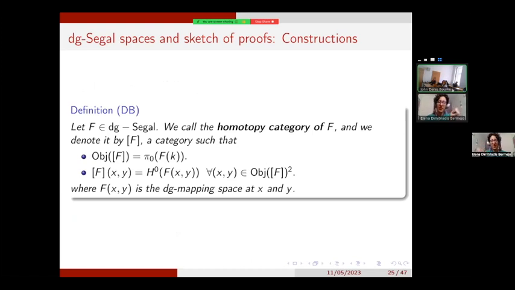Now the other thing: if we have a DG Segal space, we call the homotopy category of F, and denote it by bracket F, a category whose objects are the P0 of F of K, and whose morphisms are the cohomology groups in degree 0 of the DG mapping spaces. By the way, if at any point I talk about the objects of a DG Segal space, this is what I mean. I will try not to, but I do have that tendency.